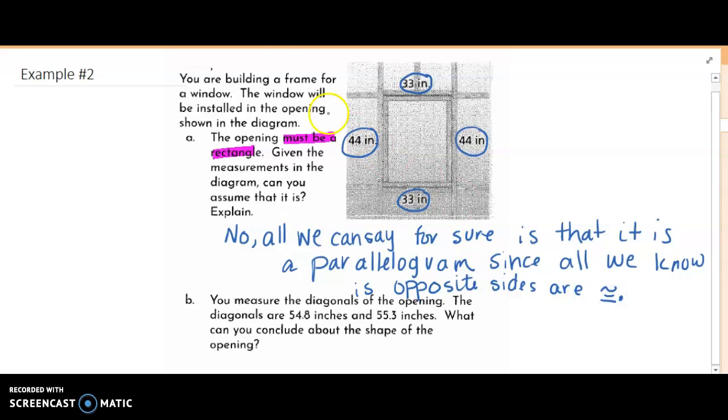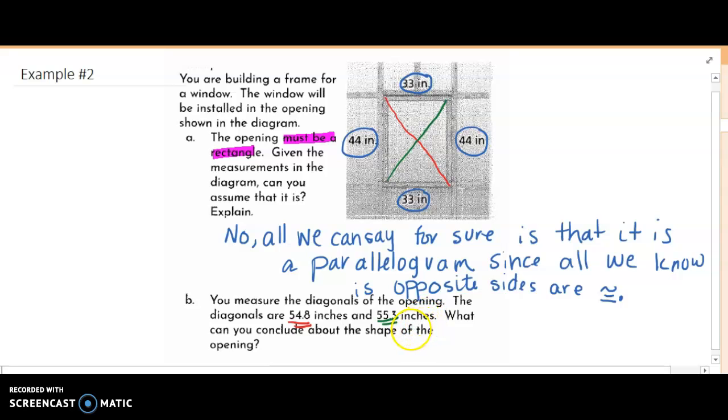All right, now let's go to B. It says you measure the diagonals of an opening. So we take a tape measure, we measure from here to here, and it's 54.8 inches. Then we take a tape measure and measure it from here to here, and it's 55.3 inches.